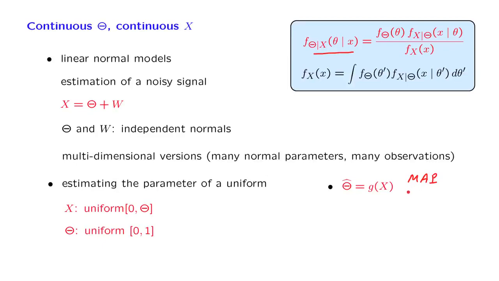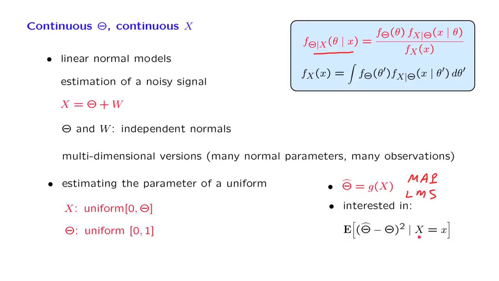And an alternative one is the least mean squares estimator, which just computes the expected value of theta given x. For any given estimator, we then want to characterize its performance.